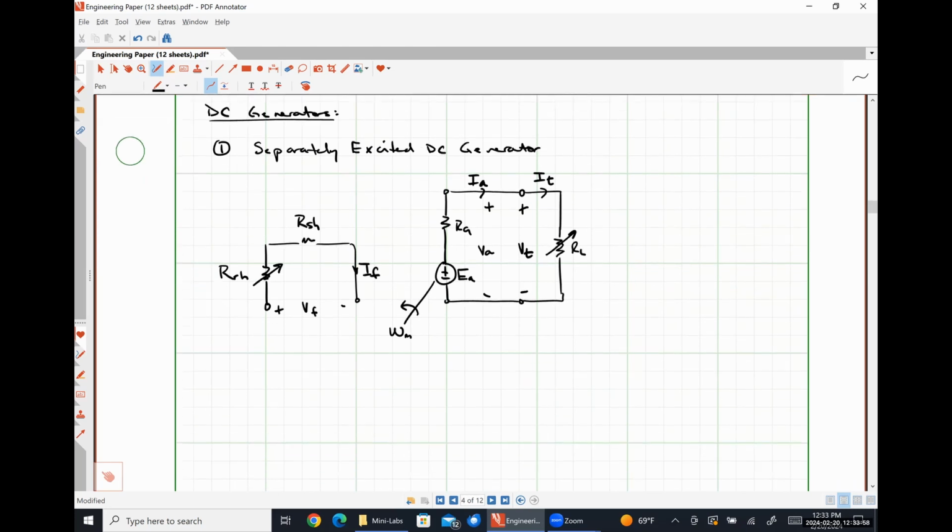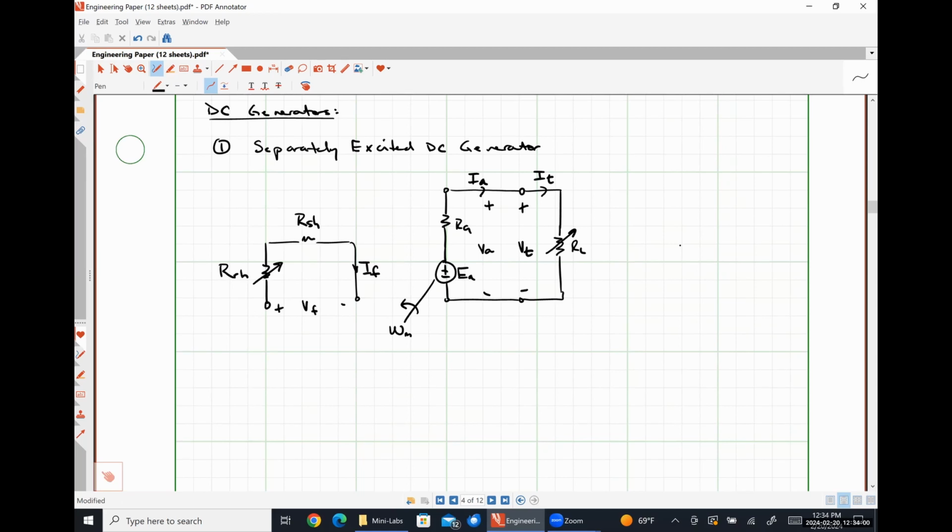Okay. And so we can just write pretty simple relationships for what's going on here, right? So on the stator side of things, our field voltage, VF, looks like it's just going to be our shunt field winding resistance plus our rheostat resistance times the current of IF.